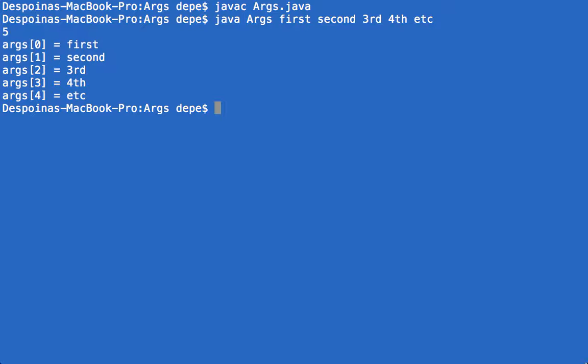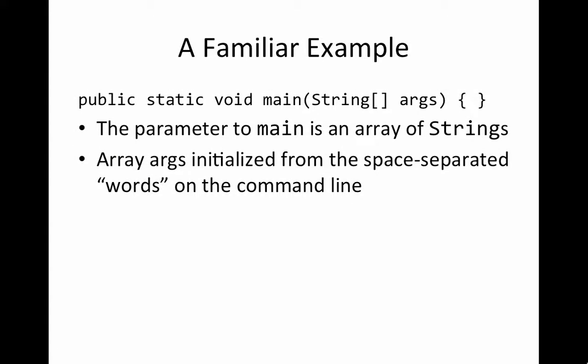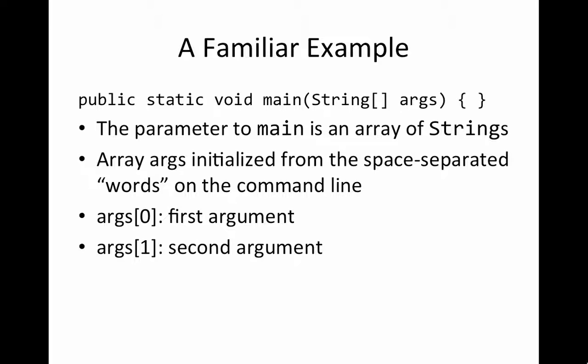And you can see that it matches the order in which we have provided the values with the indices of the args array. So like we saw in this example, args[0] will always store the first argument that we provide, in args[1] the second argument, and in general, args[i] will have the ith argument that we provide in the command line.